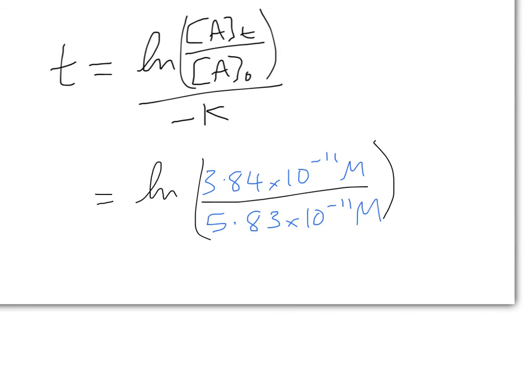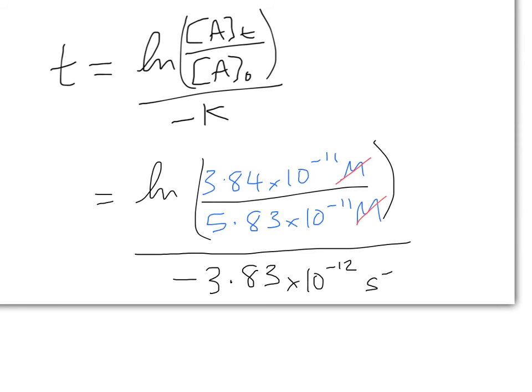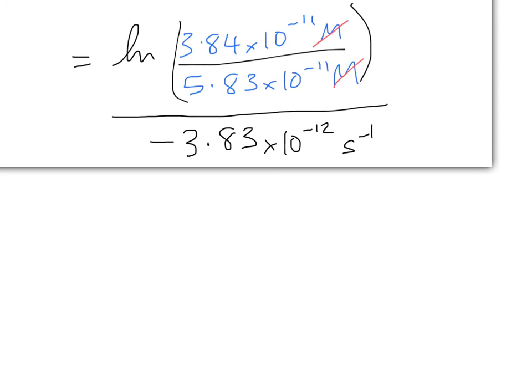We can see the units are going to cancel, and that's good. Typically with logarithms, we can't take logs of things with units, and we're going to divide that by minus k, and k was 3.83, I believe, times 10 to the minus 12 per second. All right, so let's shift that up there. We can go ahead and calculate those values.